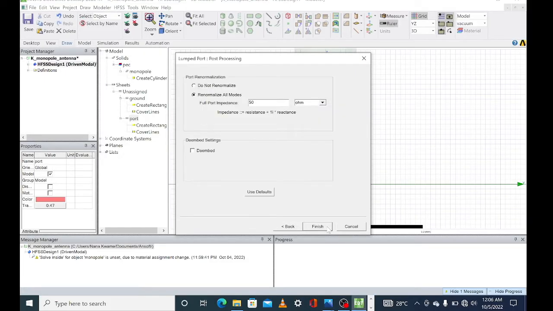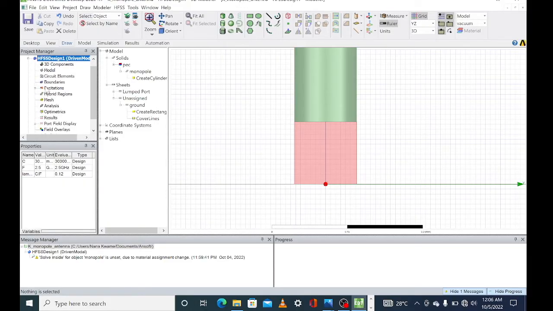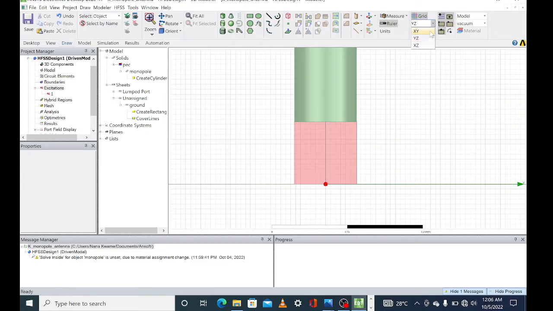Defined with no error. I will check. Good. So I'll change my plane.